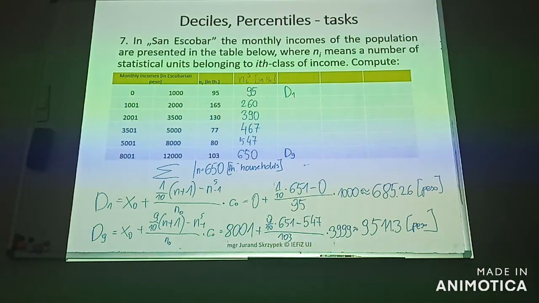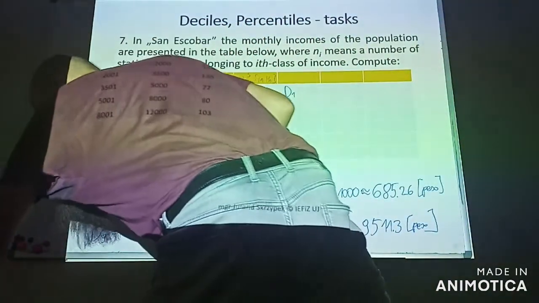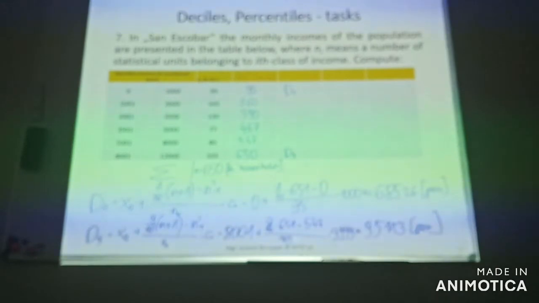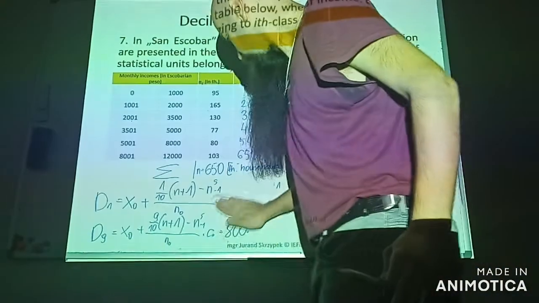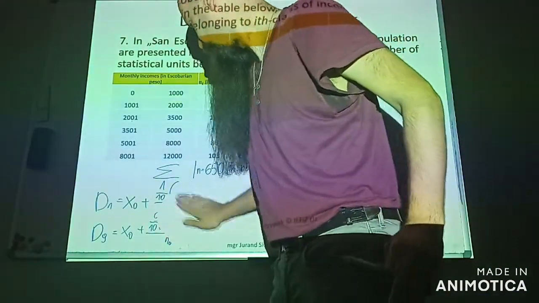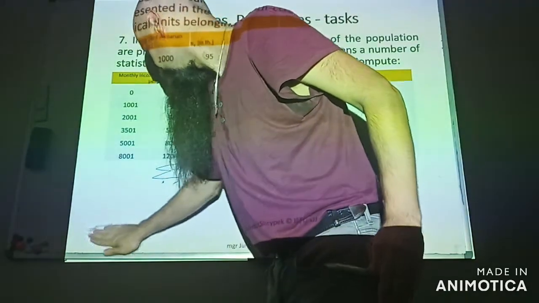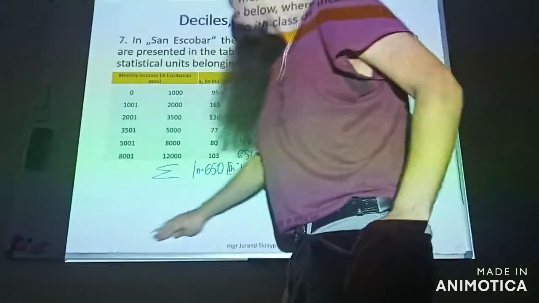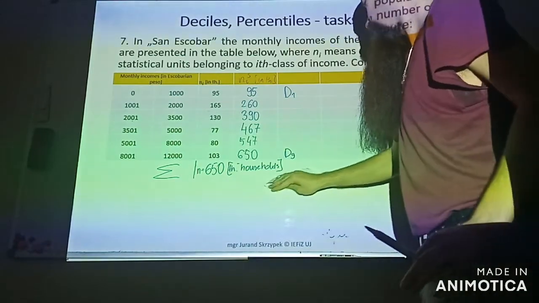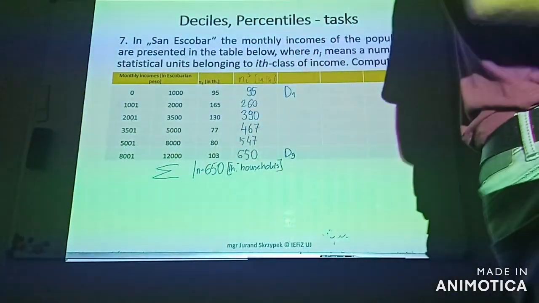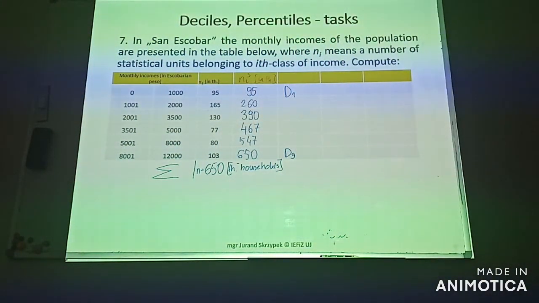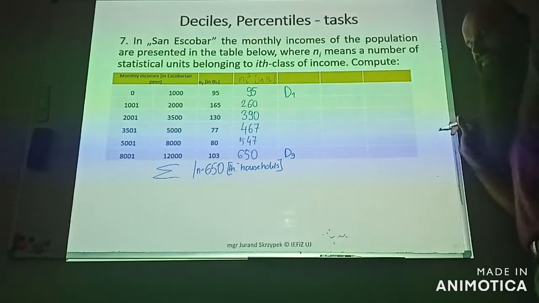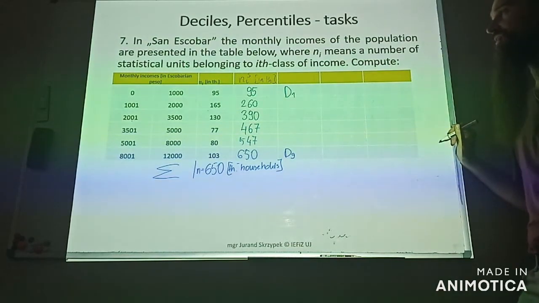we should indicate the poverty line, the 5% of the poorest households in San Escobar country. In the first step, we need to know where the fifth percentile is placed, in which class.